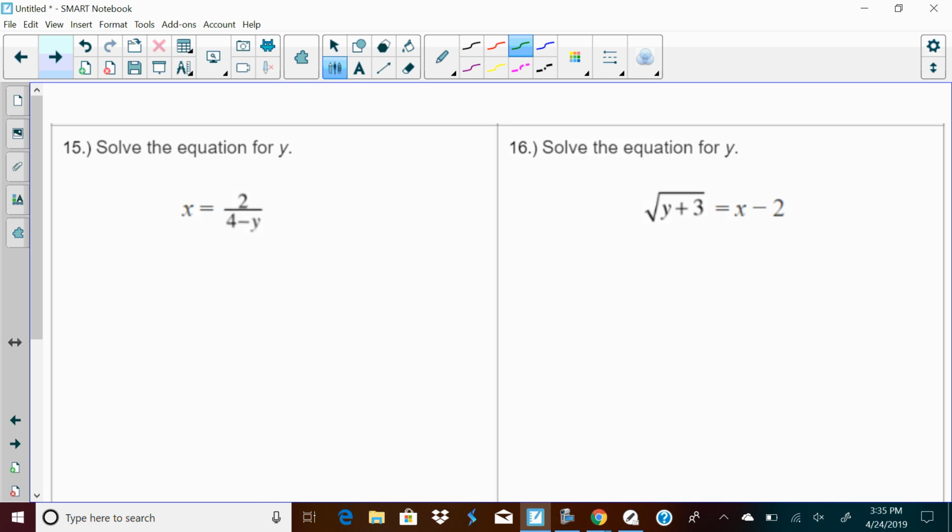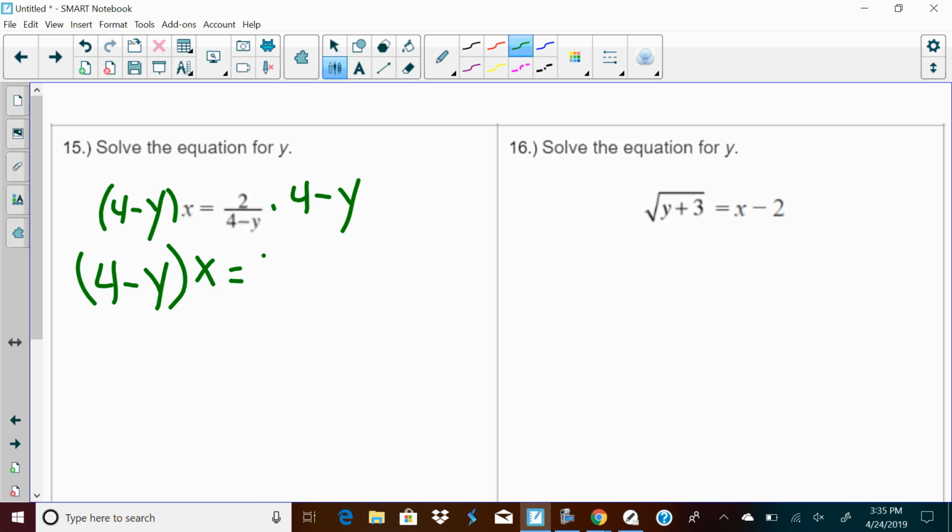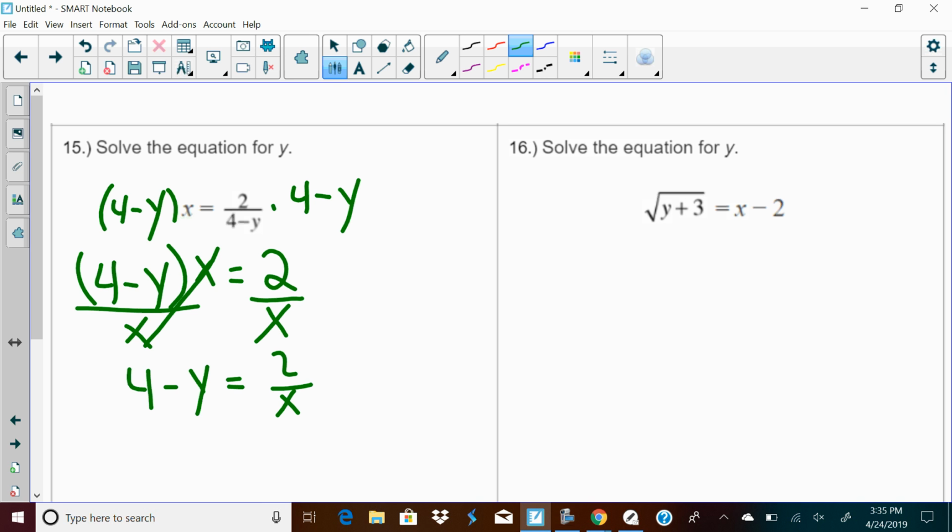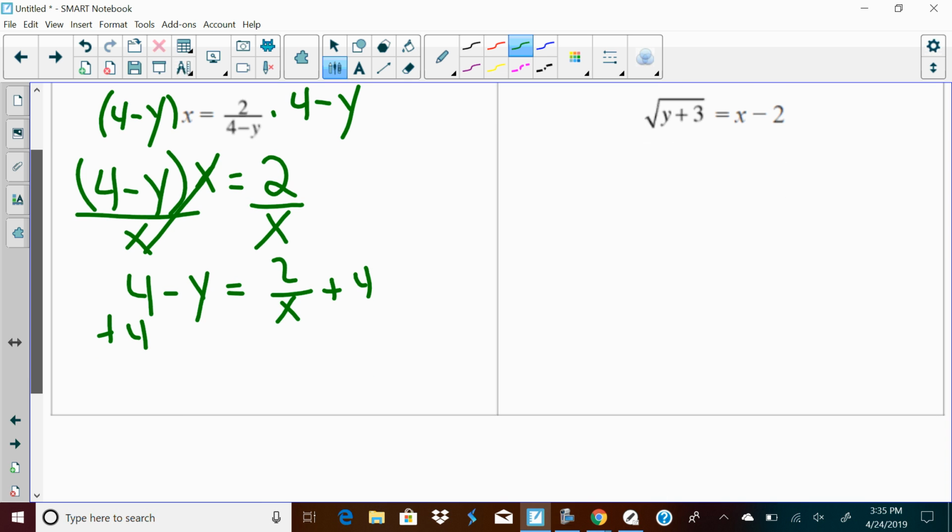Okay, next problem I'm going to solve for y. So in this first one, I multiply both sides by 4 minus y. So then I get 4 minus y times x equals 2. So when I divide both sides by x, I get 4 minus y equals 2 over x. Add 4 to both sides. So I end up with negative y equals 2 over x plus 4, and then divide by negative 1.